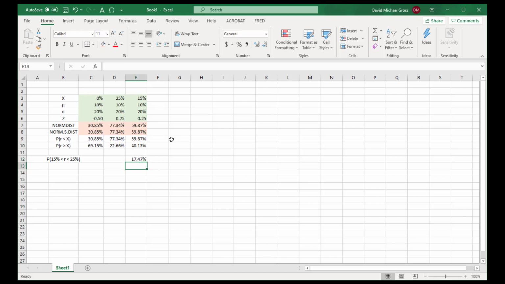And there is the probability of a return between 15 and 25.